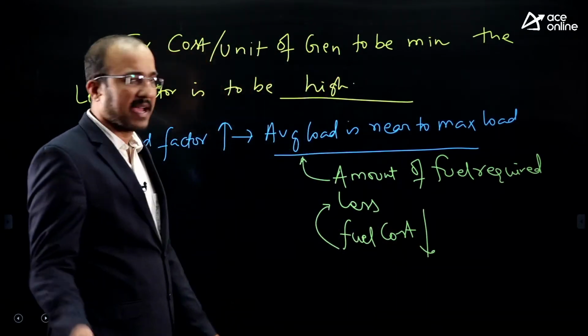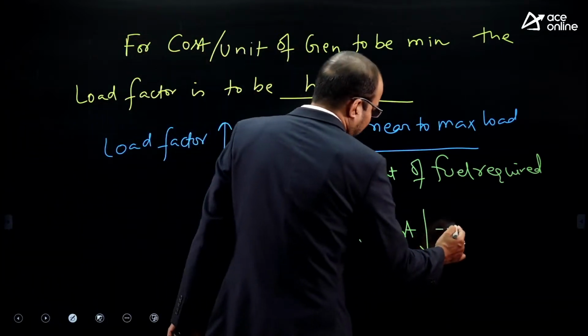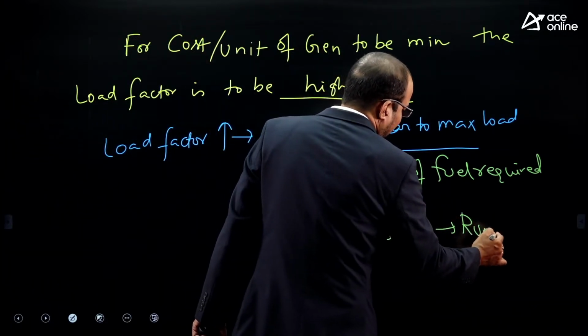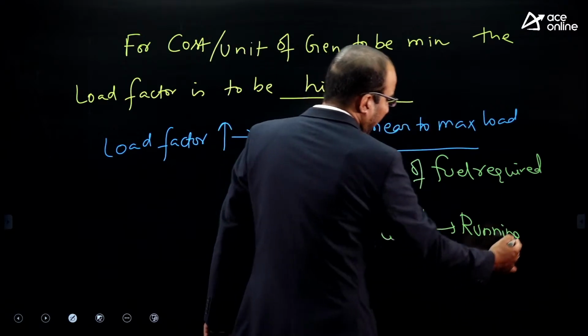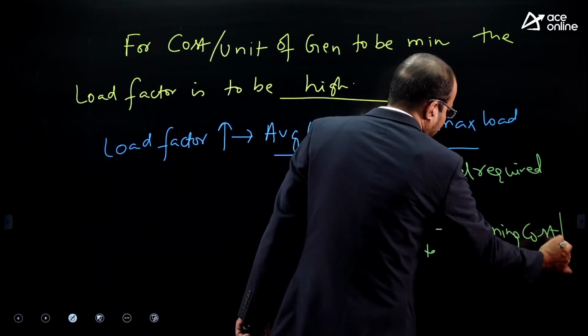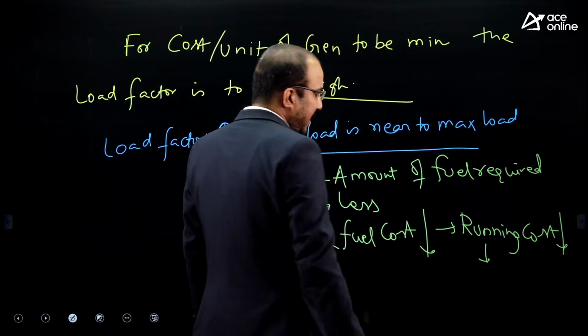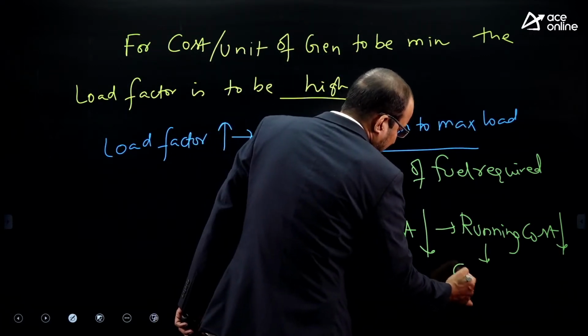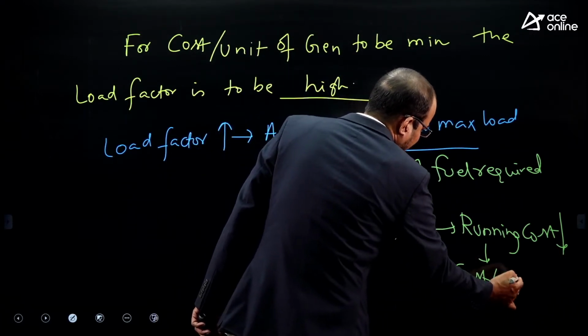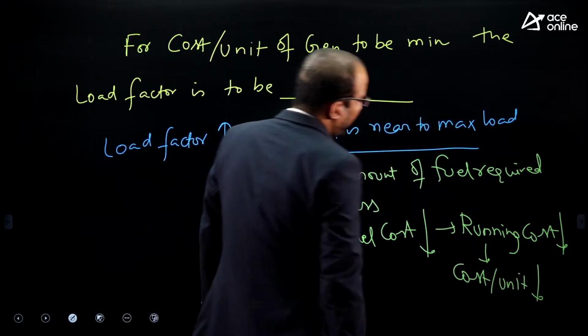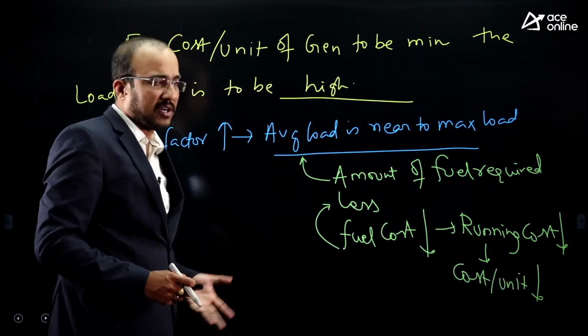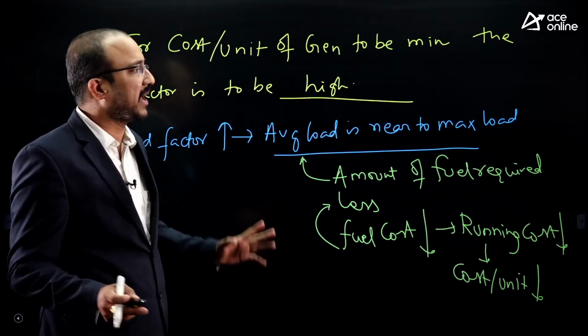This fuel cost comes under running cost, so running cost gets minimized. If the running cost gets minimized, the cost per unit gets minimized. So for the cost per unit of generation to be minimum, load factor should be high.